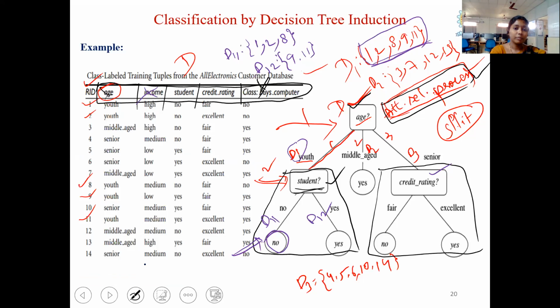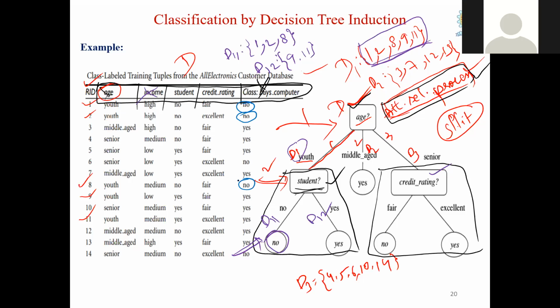No. Label of 1 is no. And the label of 2? No. Again no. Label of 8? No. That means almost all the data elements belong to the class no. So we can conclude that here the label is no.